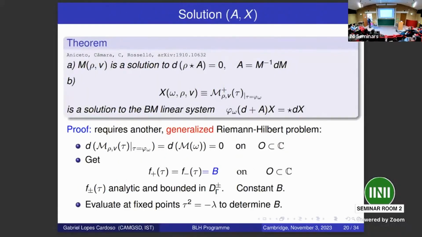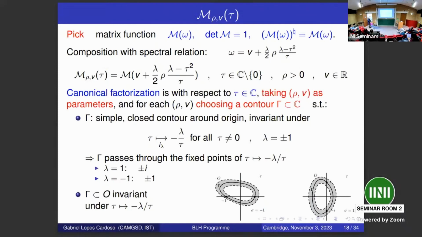What does that mean? If you take this curly M and you substitute tau by this function phi of W, then you are back to your matrix curly M of W, which is independent of coordinates rho v. So the exterior derivative with respect to rho v vanishes everywhere in this region O that includes the curve.